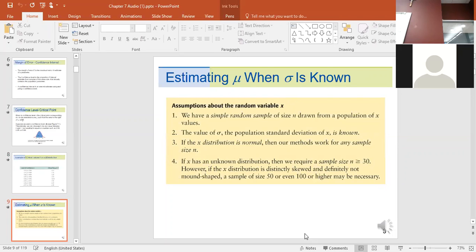Use the T distribution, and E will be T alpha over 2 times S over square root of n, with degrees of freedom n minus 1. The reason I'm putting the two cases is because the confidence interval is x bar minus E less than or equal to mu less than or equal to x bar plus E.